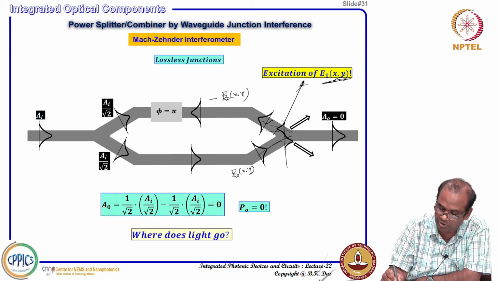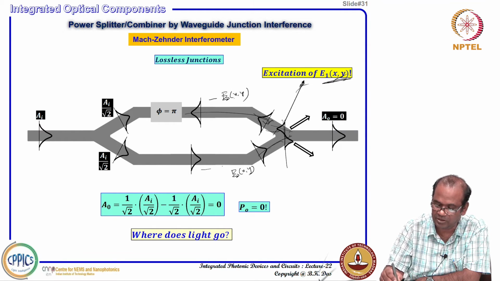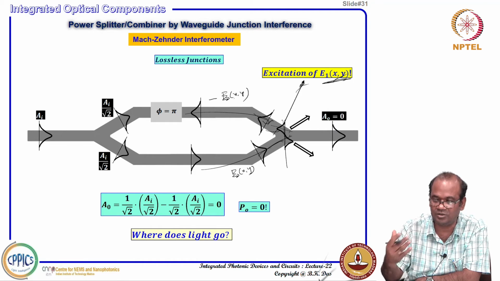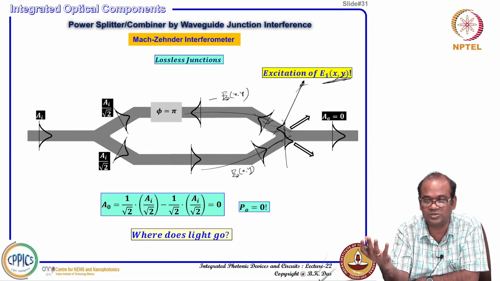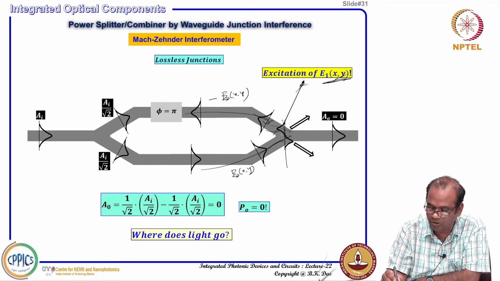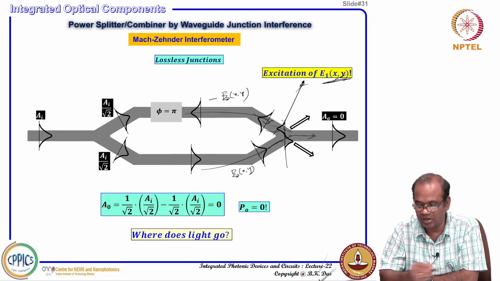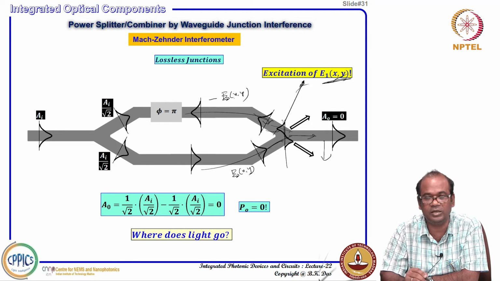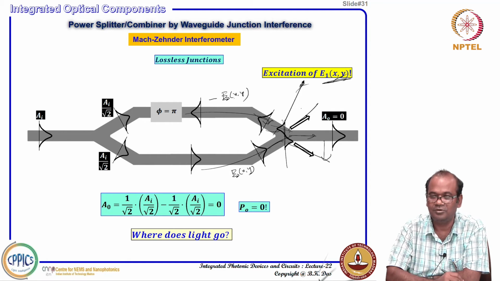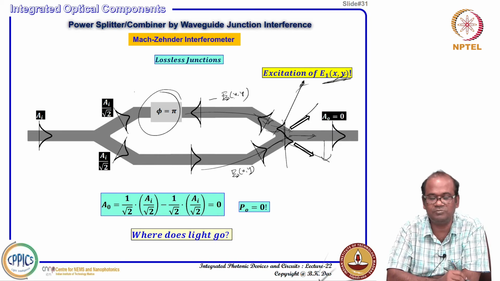So when the pi phase shift is there, the fundamental mode is converted into the first excited mode. But you have a single mode waveguide, which cannot support a higher order mode, so that will be lost. That is the reason that when the pi phase shift is there, power will be lost.